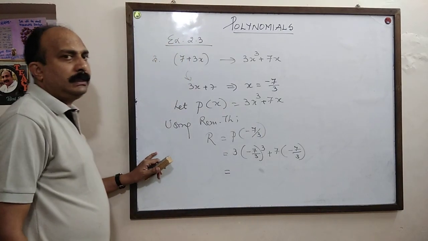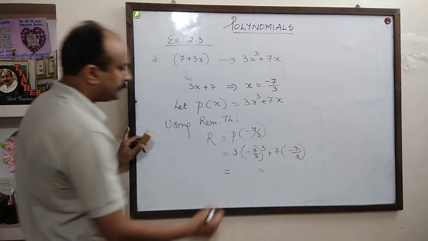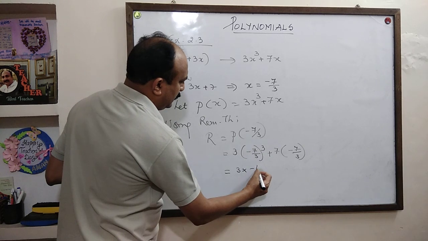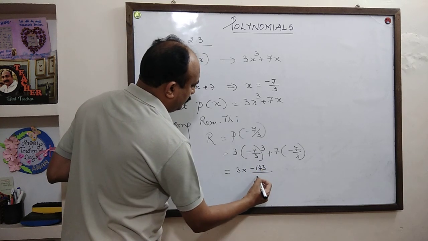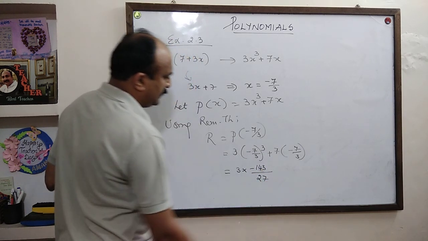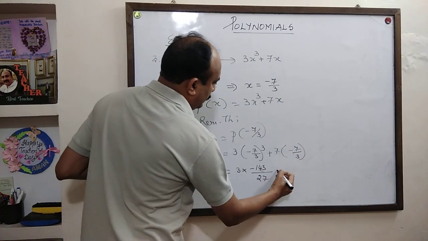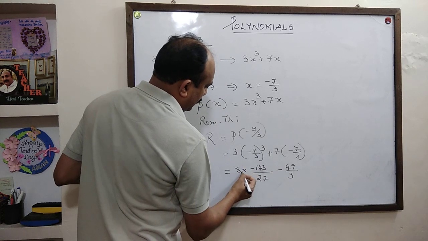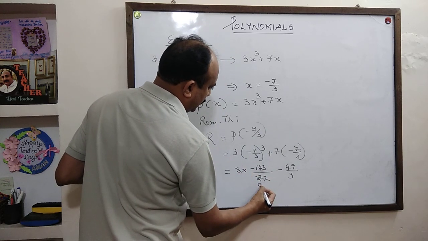Minus 7 upon 3 the whole cube. 3 into minus 343 upon 27 minus 49 upon 3. 3 and 27 cancel, 9.